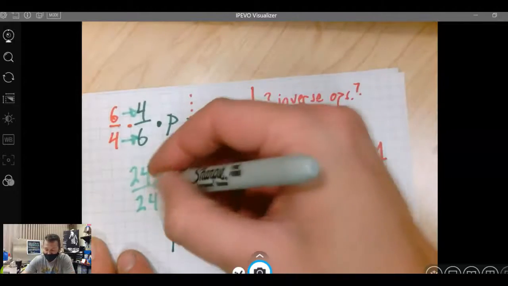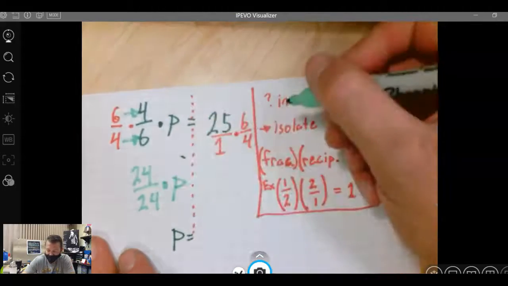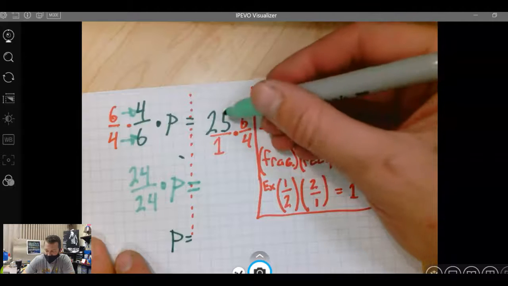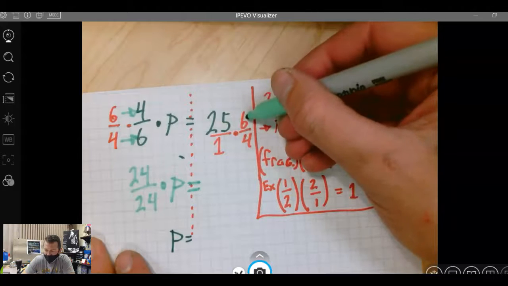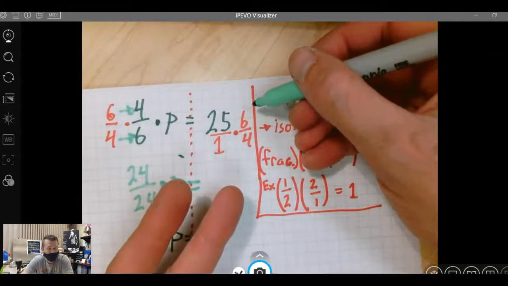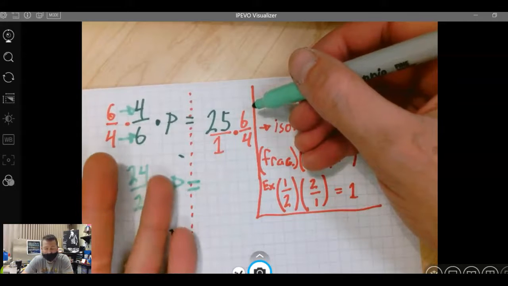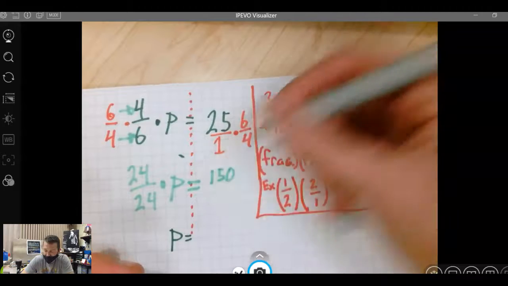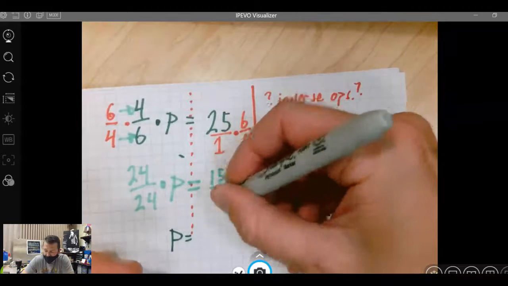The p is still here, it drops down. Equal to 25 times 6, well, 25, 50, 75, 100, 150 over 4.